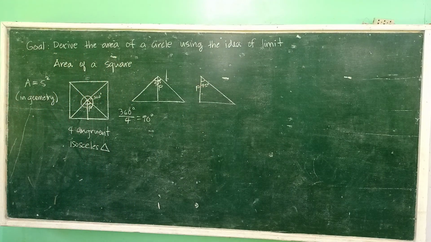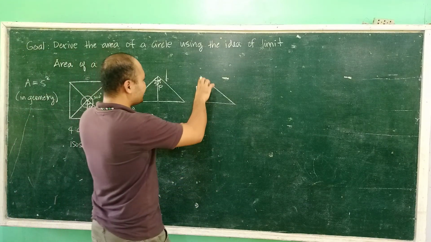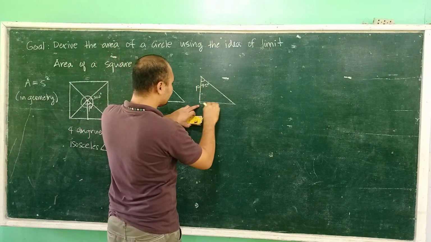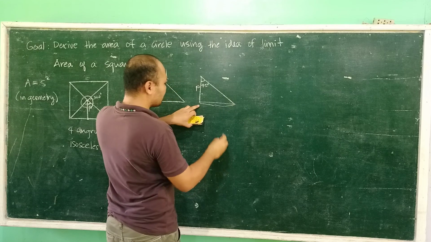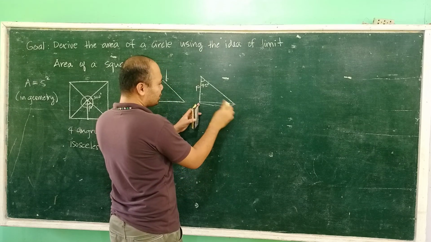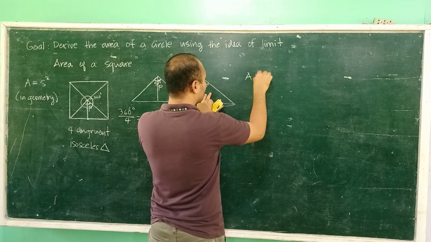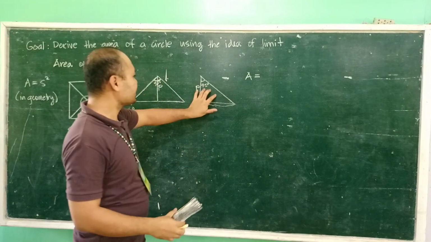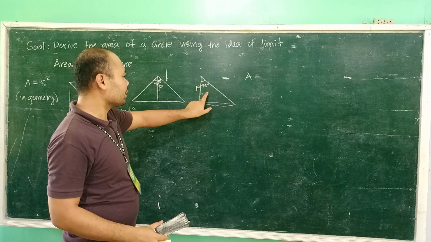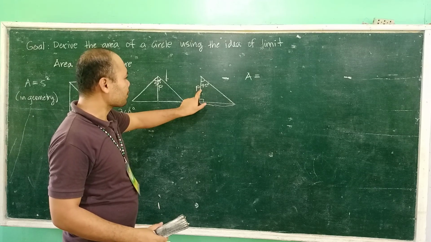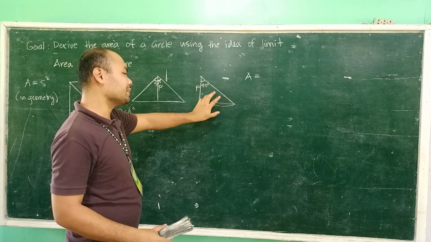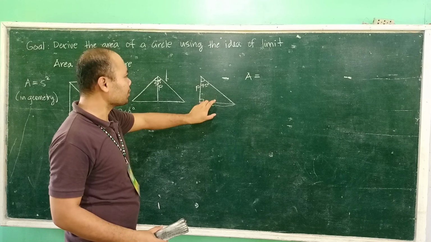If this is P, we do not know how long this is. This is 90 degrees here. The area of this right triangle, this is 45, this is 45, so this is a right isosceles triangle.